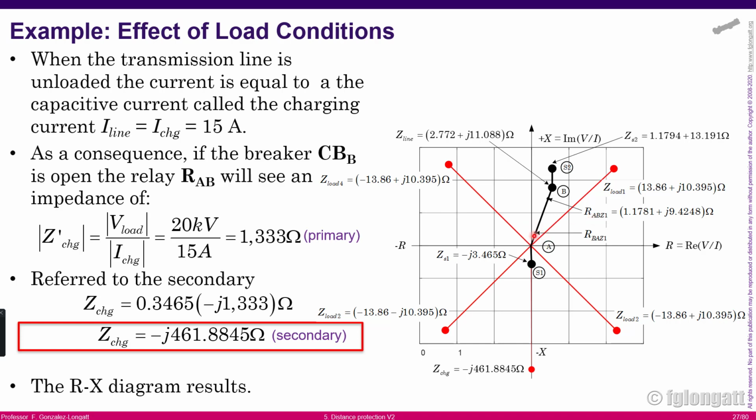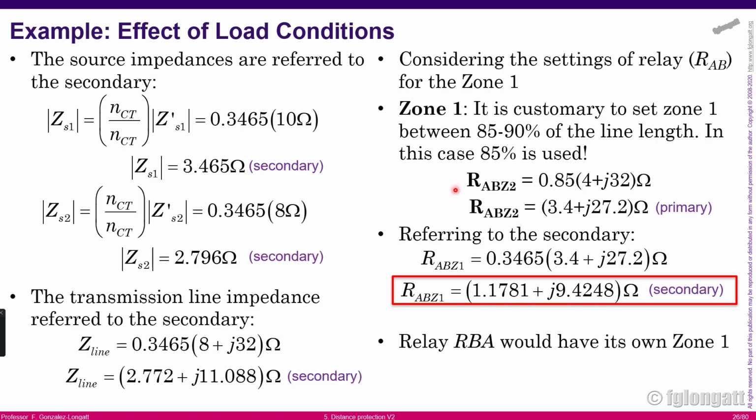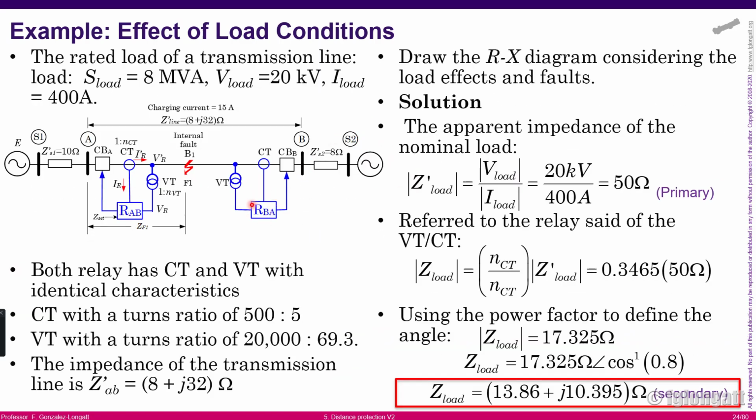And what is the small dot over here? Well, we have another distance relay. You must remember, let me come back to the original. We have the relay BA, and the BA is looking into the transmission line AB, but from the other side. That is the reason for the name RBA. BA means that this relay is looking from B to A, okay?